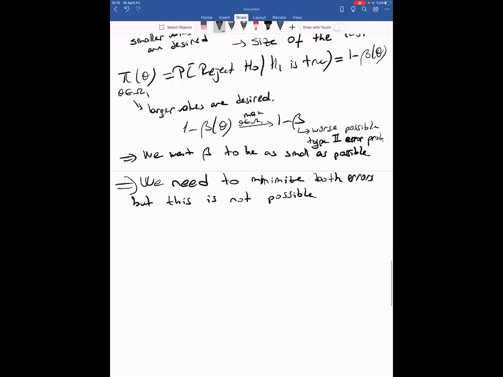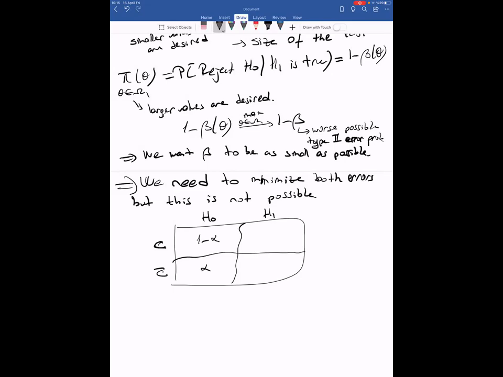Okay, so let's look at the region we have, the state of nature. Let's say here the null hypothesis is true, here the alternative is true. Here we have the critical region, reject H0, and the alternative hypothesis. The probabilities are 1 minus alpha, alpha here, and beta and 1 minus beta terms here.